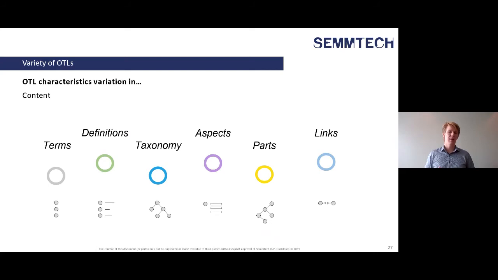You can also have content in the shape of a taxonomy. This is, we notice, one of the more difficult things for people to really understand. So a taxonomy is just a hierarchy of types. So if I define something as being a bridge, for example, then something which is a drawbridge and something which is a swing bridge, or a hanging bridge or an arch bridge, are all of the same type, namely bridge.